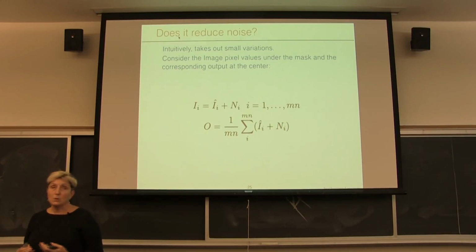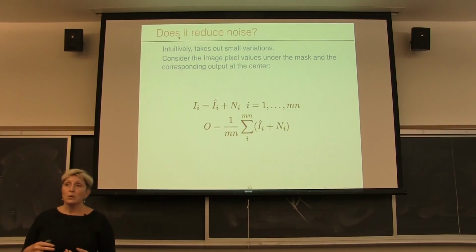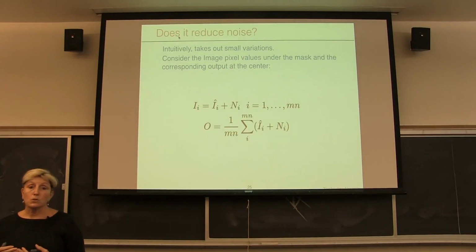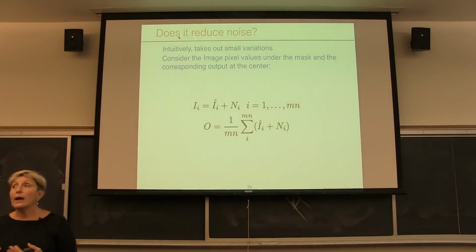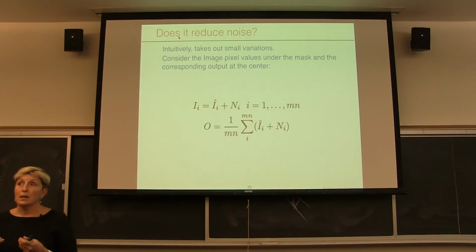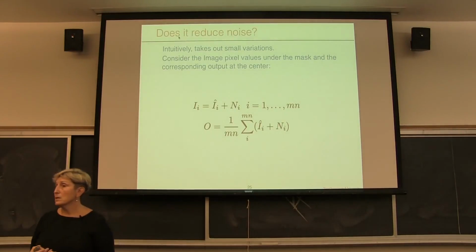The other thing I'm going to need to assume, not for my first question but for the questions coming after this, is that the noise is uncorrelated to the value of the pixel and to the value of the noise in my neighbors. So I have uncorrelated noise. And let's assume I know the standard deviation of the noise, sigma. All right, so now let's ask the question again. What is the expected value of the output at this neighborhood given this hypothesis?